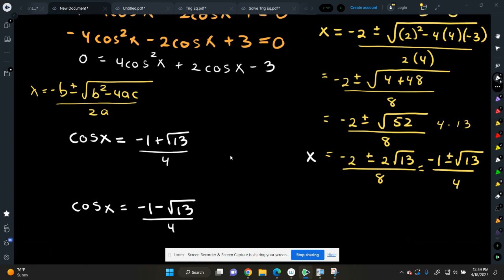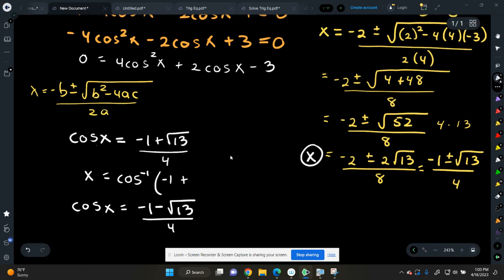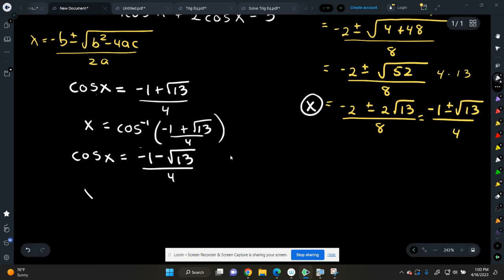Okay, so we use the quadratic formula, but then when we go back, remember it's not x, it's cosine x. So that means x equals the inverse cosine of negative 1 plus root 13 over 4, and x equals inverse cosine of negative 1 minus root 13 over 4.